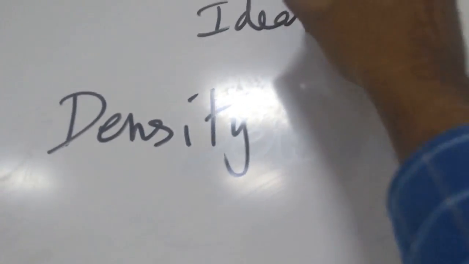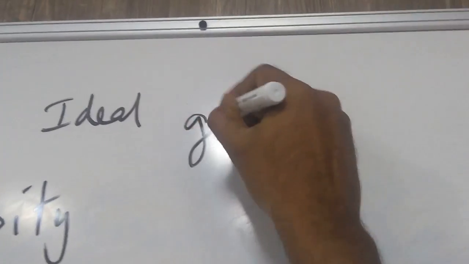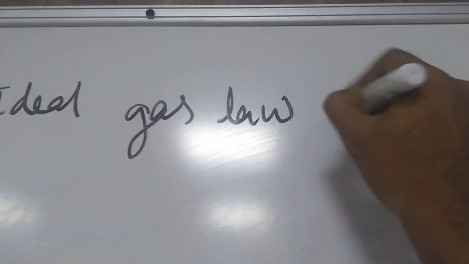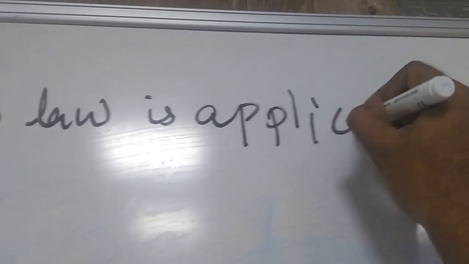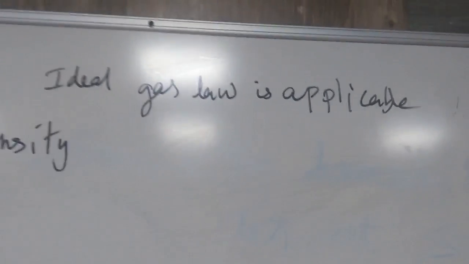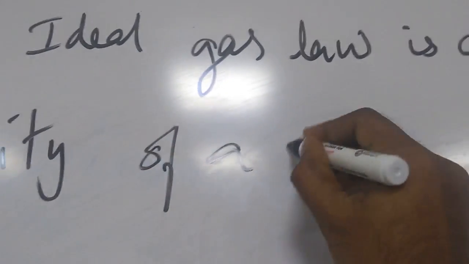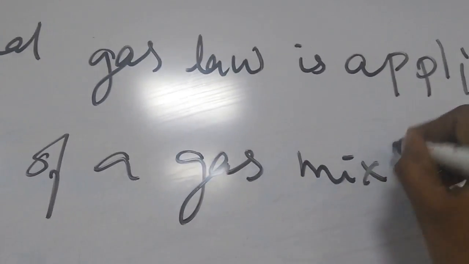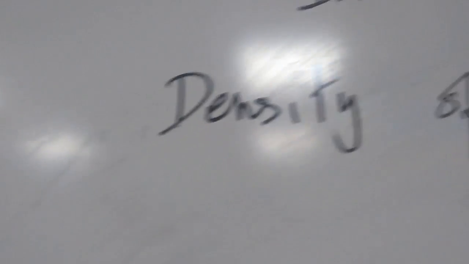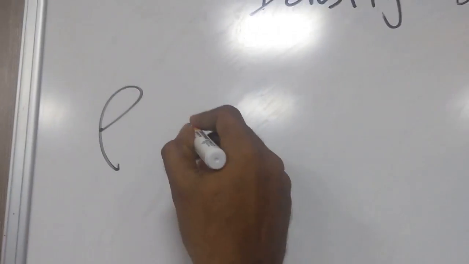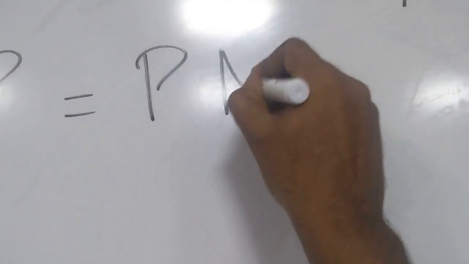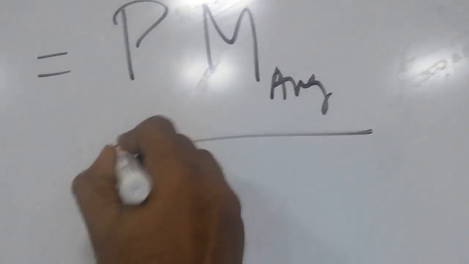So what is the density formula? If ideal gas law is applicable, density of a gas mixture is given by rho is equal to PM by RT.